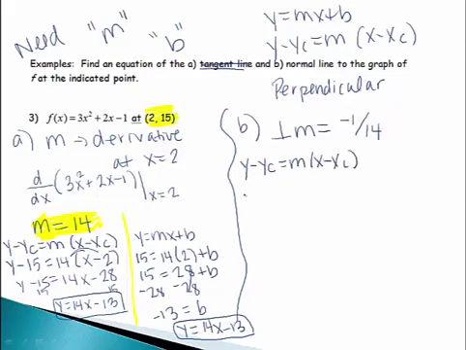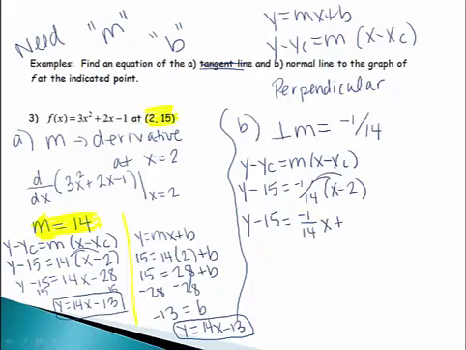Okay, I'm going to like this one. So I'm going to go y minus the y coordinate, your slope, so now I'm going to distribute. 2/14 is 1/7.